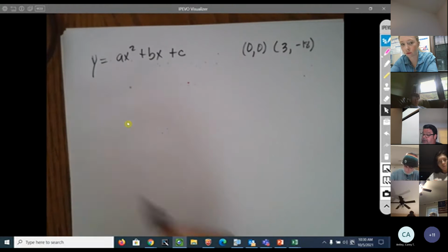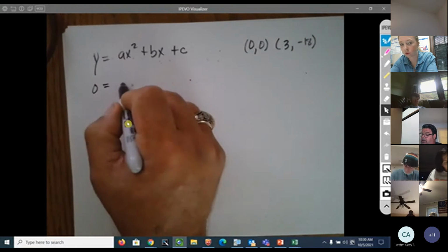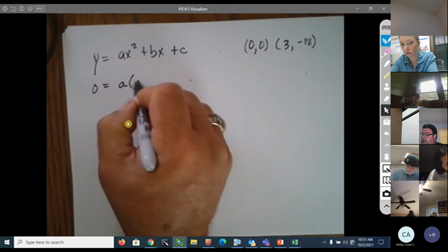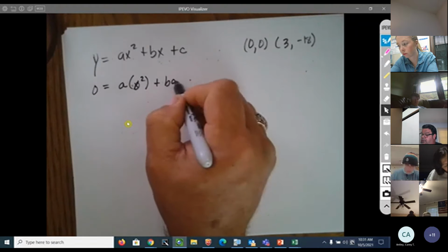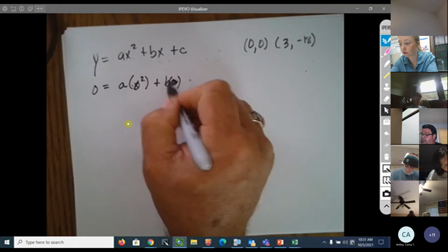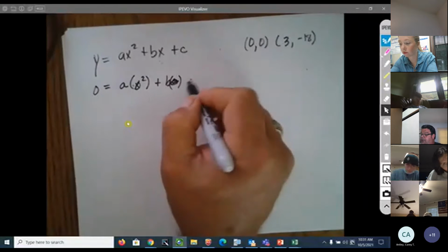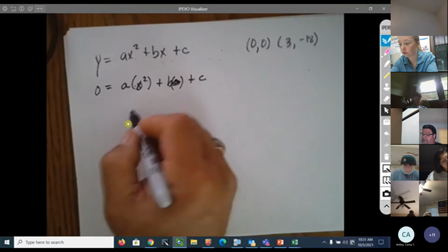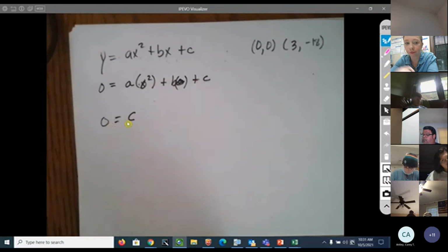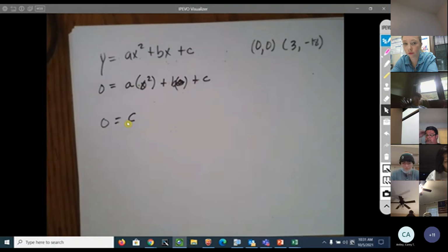Let's see what happens. 0 is equal to a times 0 squared plus b times 0 plus c. So c is equal to what? c is equal to 0. Now what do you do? Well, c is equal to 0, and that pretty much takes that out.